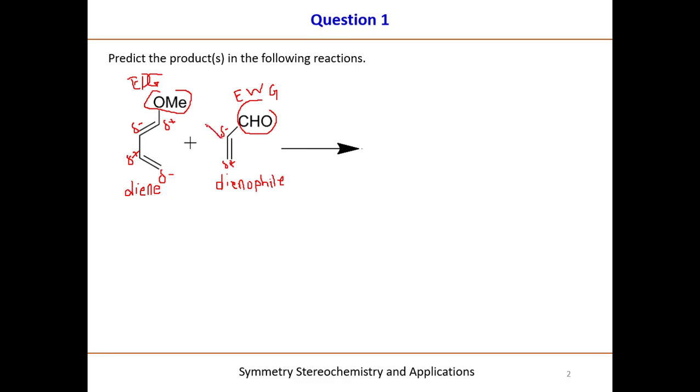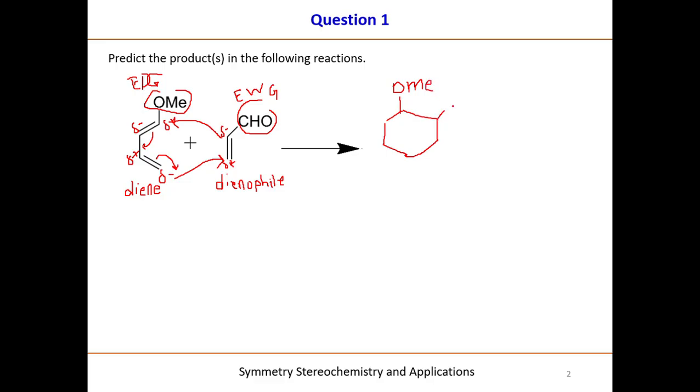This bond will go here, this will go here, and this will go here. So we get a 6-membered cyclic ring product along with ortho substitution. The OMe group will come over here.